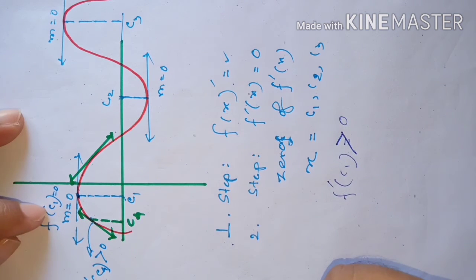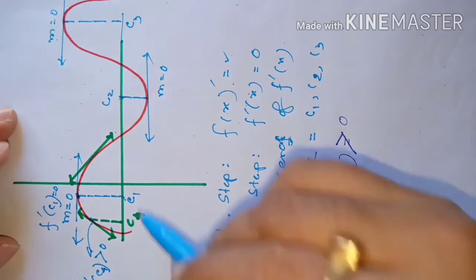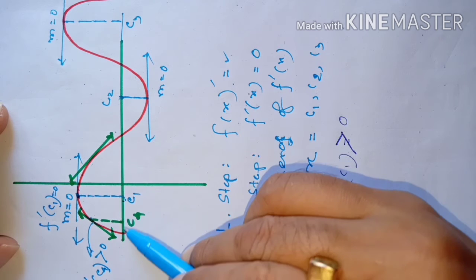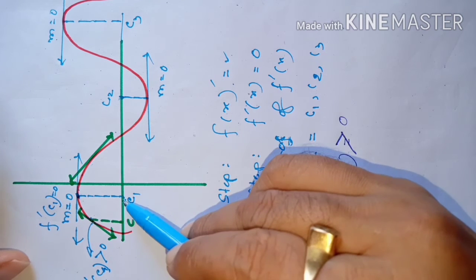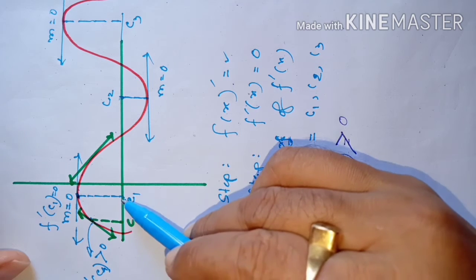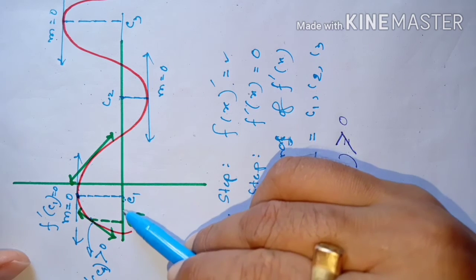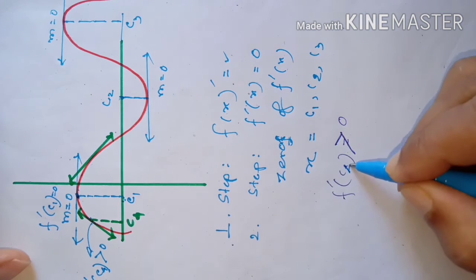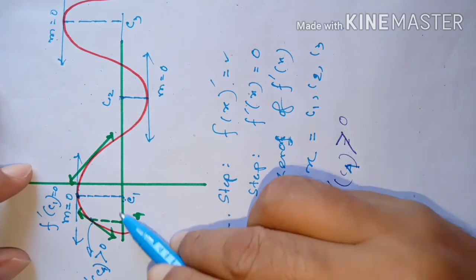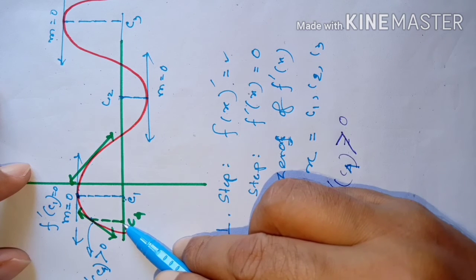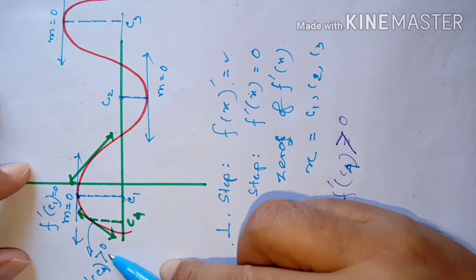Then before C1, very close to C1, there is a point C4, suppose. Think like that, but towards the left hand side of C1. So f dash C4, which is very close to C1 and towards the left hand side of C1, will be greater than 0.